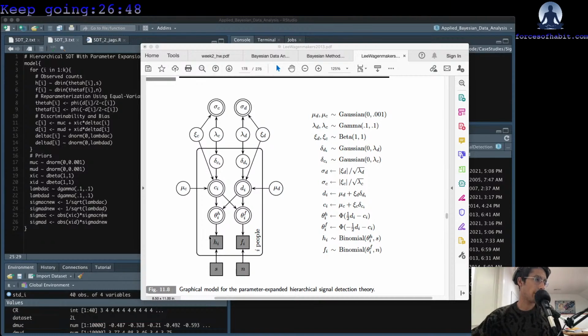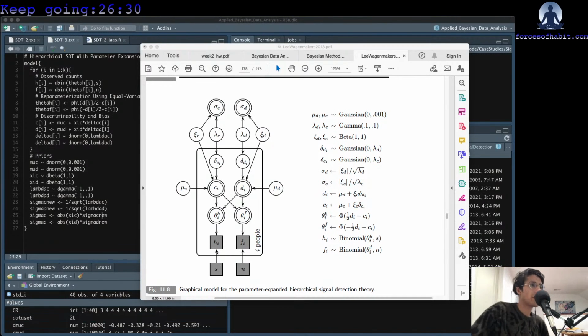So we have within subjects, a given person, and this is for one data set. Say you have 4 observations.